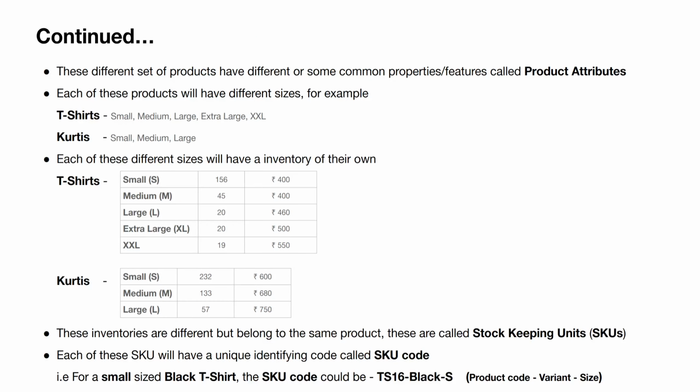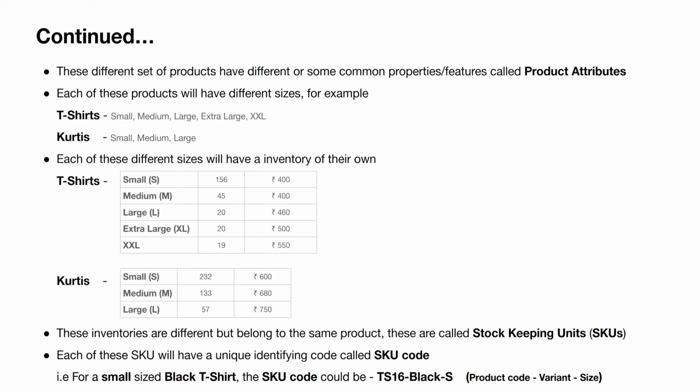So far we have learned that these different set of products, for example t-shirts and kurtis, all have some properties and features. These are called product attributes. Now we have t-shirts and kurtis, but not all sizes will fit everyone. So we have different sizes or inventories in these particular examples.